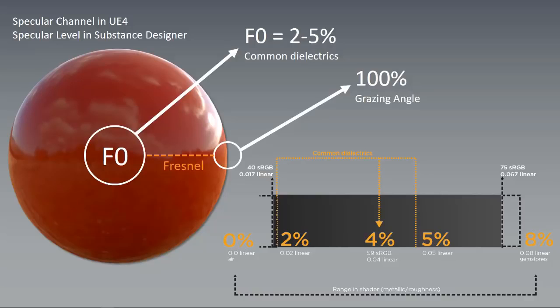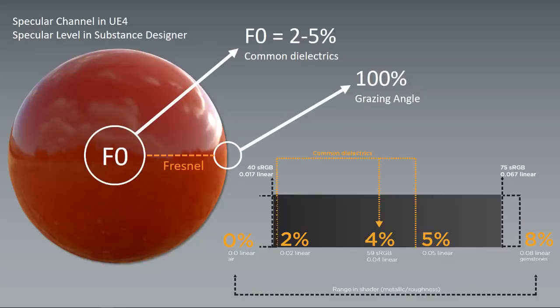Now, UE4 gives you the ability to change that F0 value, and that is what that specular channel is. It just allows you to override this F0 value, but it's very constrained, which is what I'm showing here in this graph.